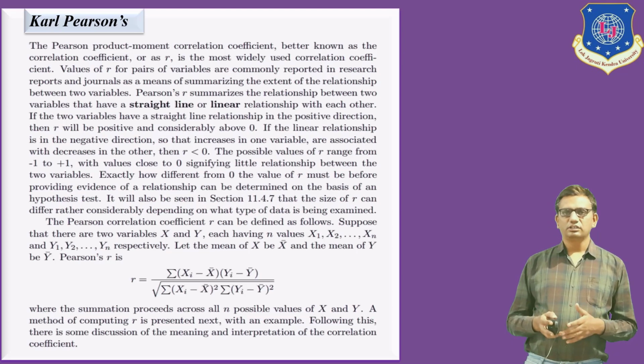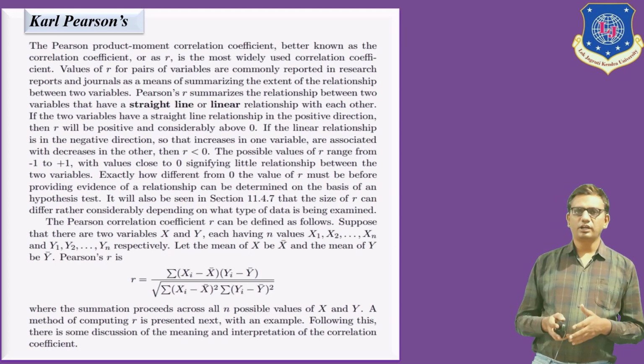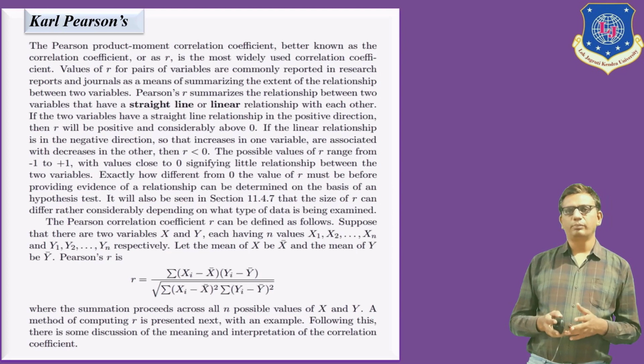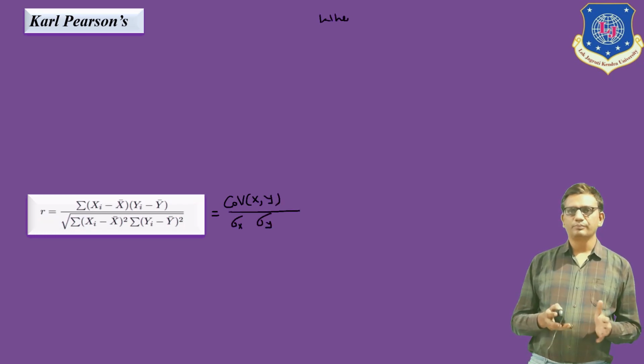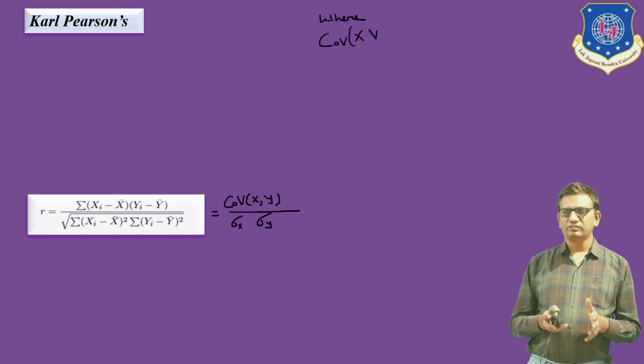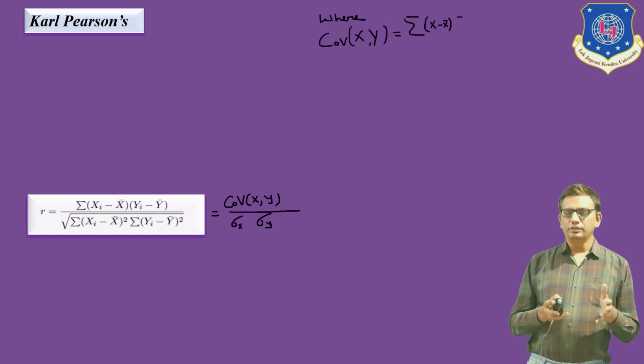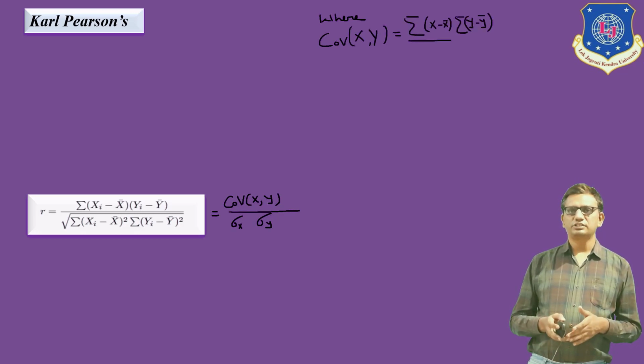The denominator is actually the second moment, and the numerator is the covariance of these two. So this formula can also be written as the covariance of x and y, the relation of x and y, and the denominator is the standard deviation of x and the standard deviation of y.